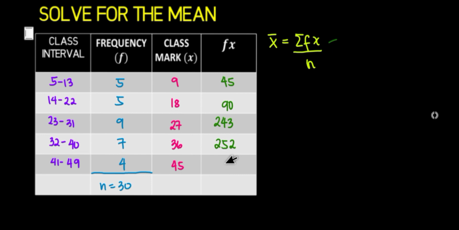And then, 4 times 45 is 180. And then, add po natin yan, yung pababa: 45 plus 90 plus 243 plus 252 plus 180. So the sum of fx is equal to 810.